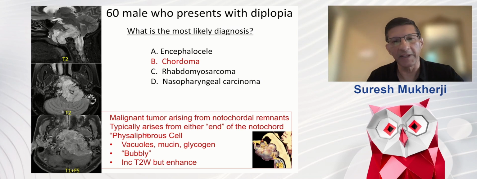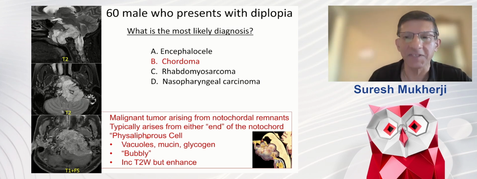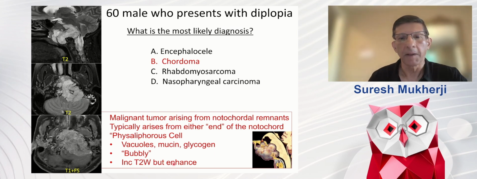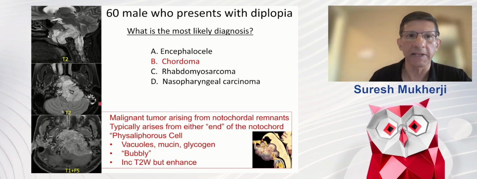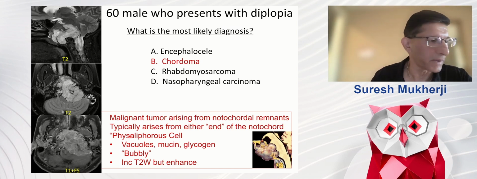It took me about 30 years to say that right. These fossiliferous cells contain vacuoles, mucin, and glycogen. Pathologists describe them as very bubbly, and as a result, they have increased T2 signal, but they also enhance with contrast. Sometimes this is referred to as a pseudocystic appearance of a chordoma.